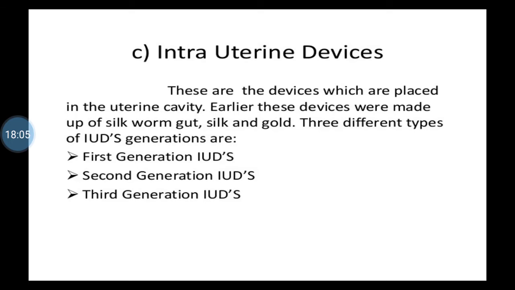Now this Copper T is available in a ready to use pre-packaged sterile disposable unit. The proper time of insertion is also very important. It can be inserted at any time, but the best time for insertion is between 3 to 7 days of the menstrual cycle.